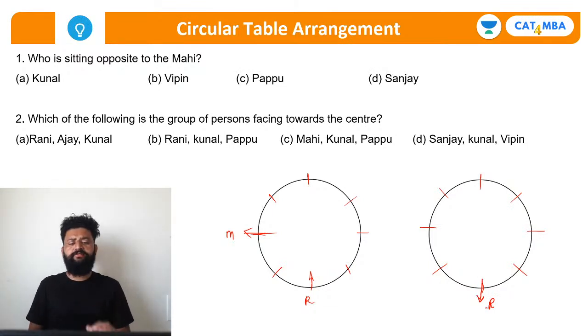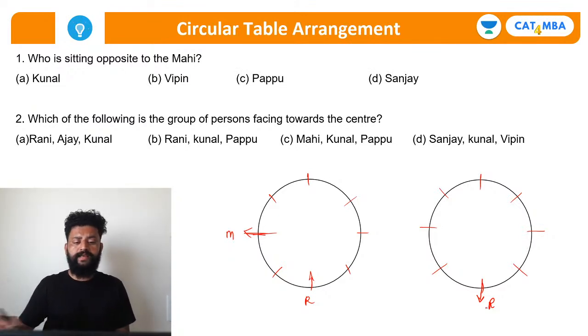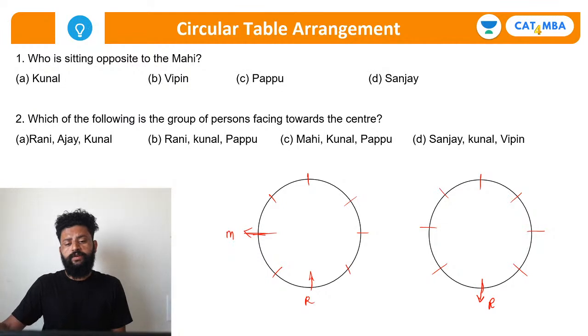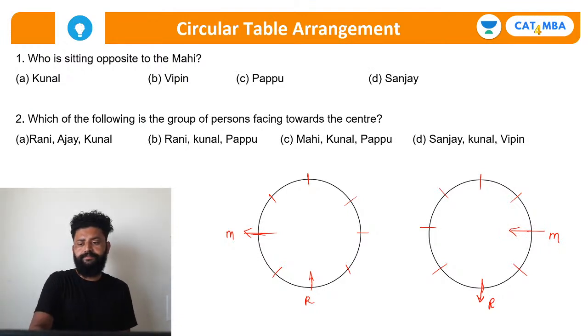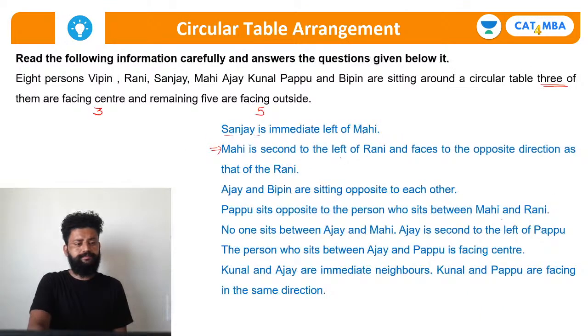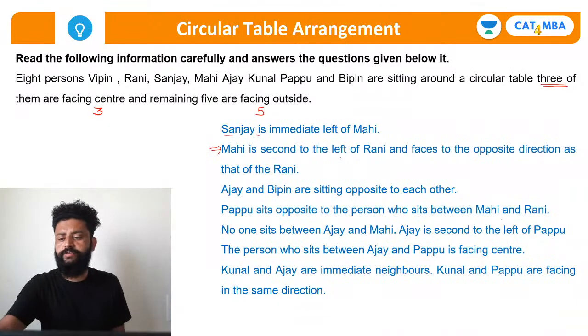The first person you can place anywhere you want, but the rest you have to set according to the conditions. Mahi is second to the left of Rani, 1, 2. So here, if this is the case, Mahi faces center because Rani is facing outside.